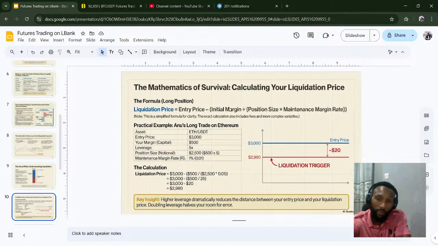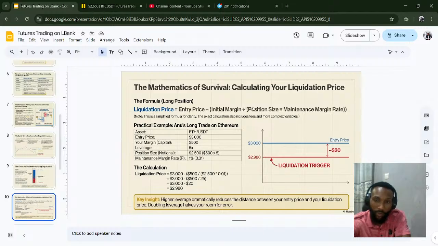The initial margin is the amount you are willing to risk. Understand? Initial margin divided by your position size. The position size is basically your margin multiplied by your leverage, then times the maintenance margin rate.